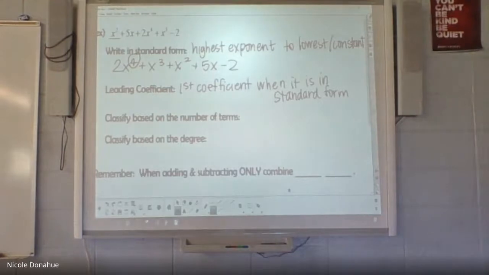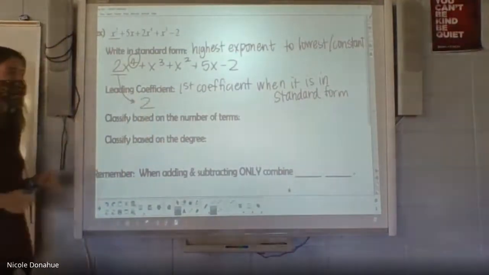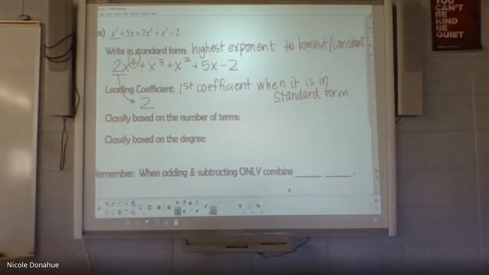So in this case, the leading coefficient would just be 2.